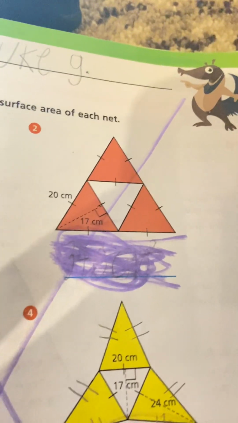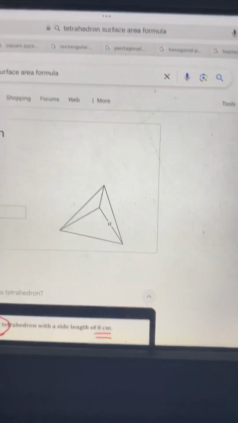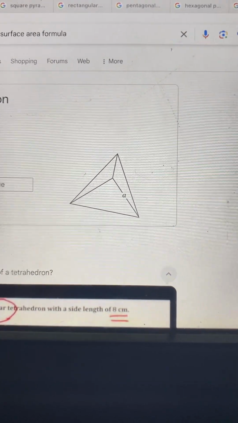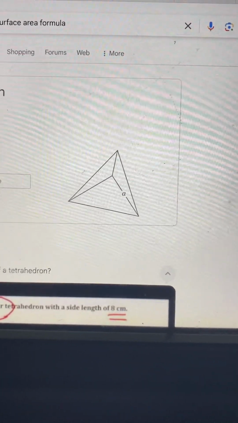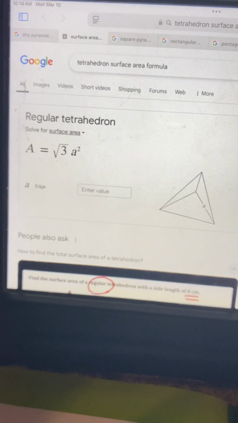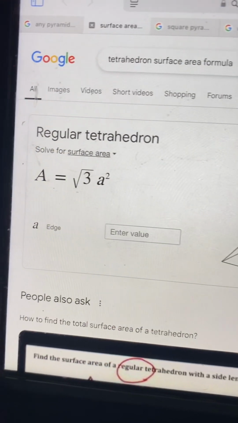So, this is a tetrahedron net. Very interesting. Looks like we learned a new shape. Well, not a new shape. They are the same shape, just with different names, but they could sometimes be different too. It's very complicated, but it's the simplest of all polyhedra, so don't worry about that.